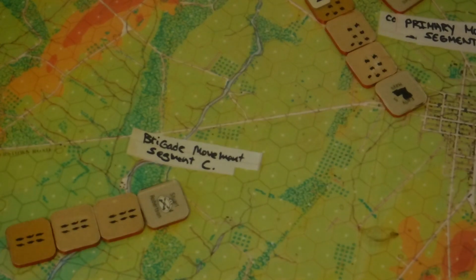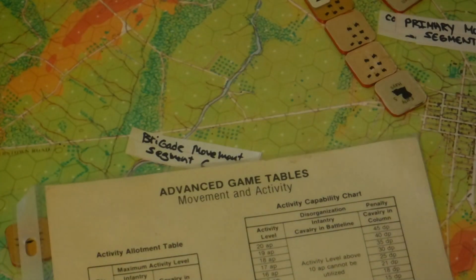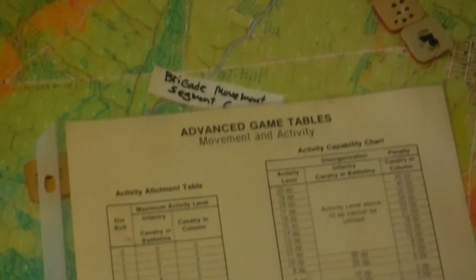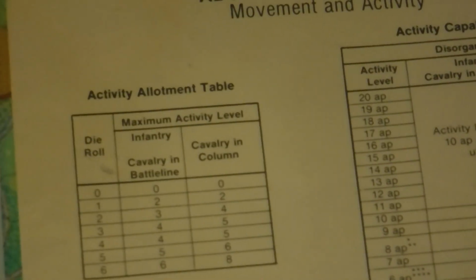They have no influence or anything to help them move, so they have to use the activity allotment table. So I'll bring the activity allotment table to view. And we'll just zoom in on that.